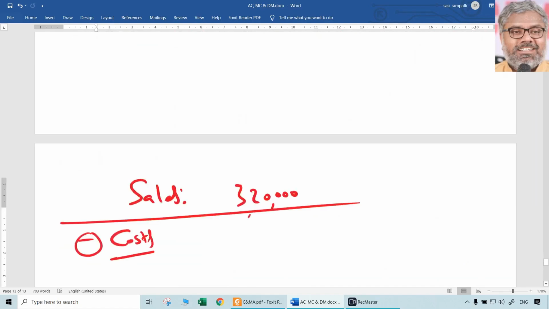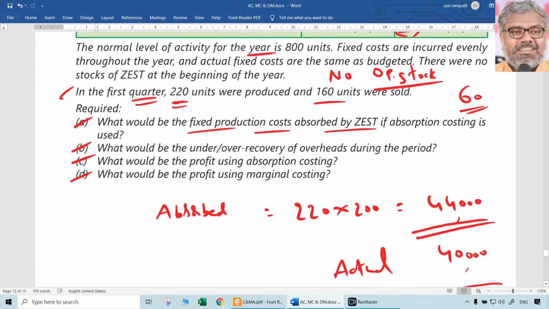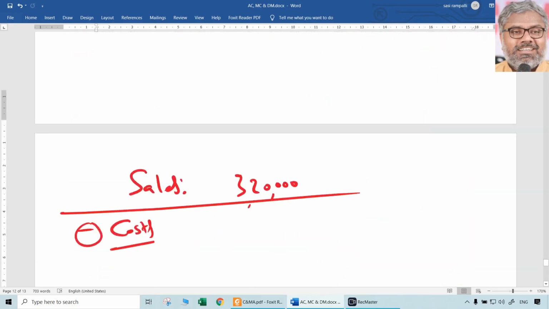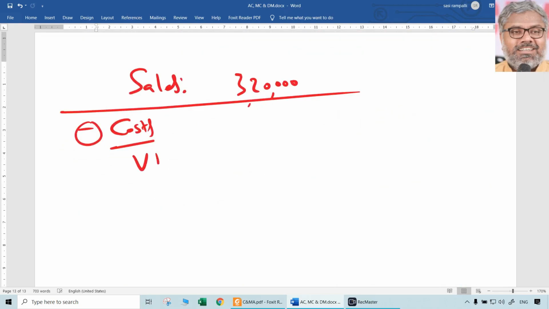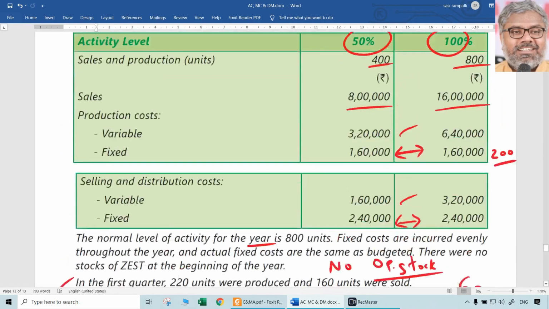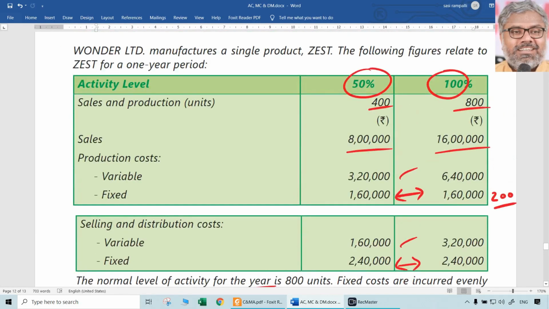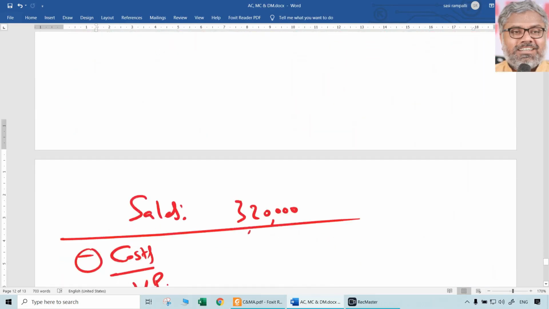So 800 into how many units are produced? 220 units are produced. That means 1,76,000 is the variable production cost, not just overheads, all variable production costs.